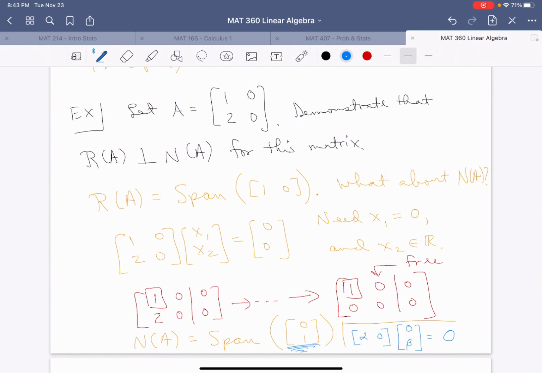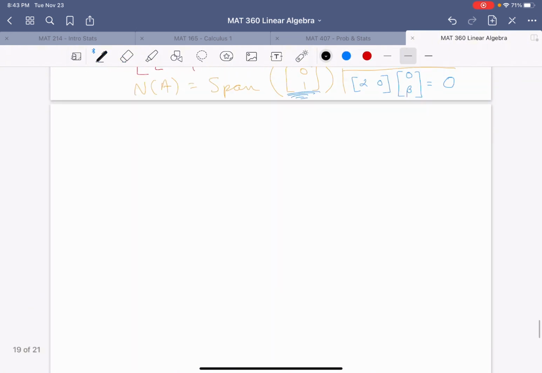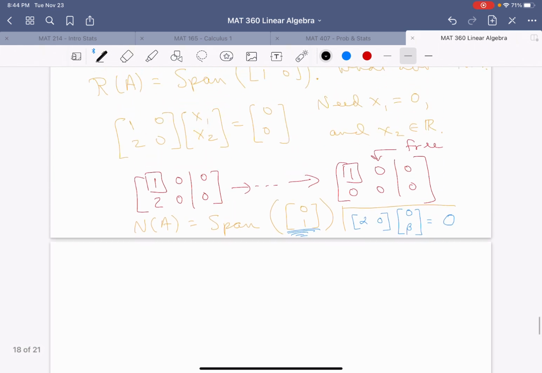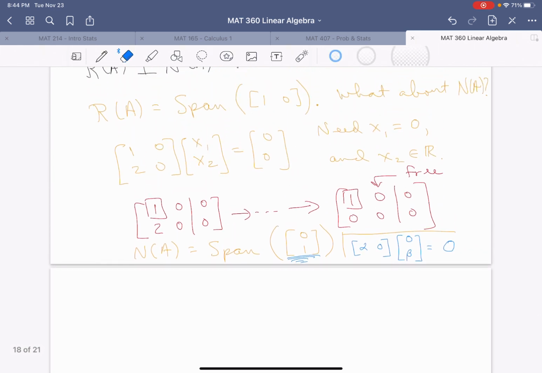Okay, so let's look at a theorem in the book. We won't prove this, but just to record it. In the book that I'm looking at, which is the 8th edition, this is theorem 5.2.2.